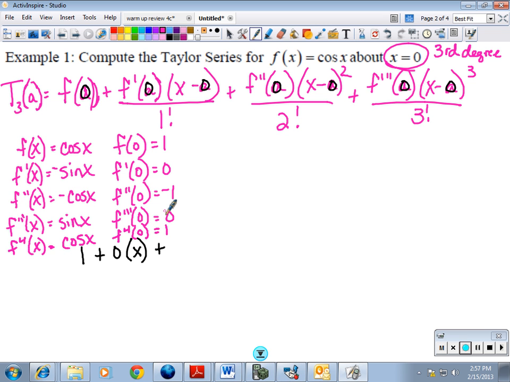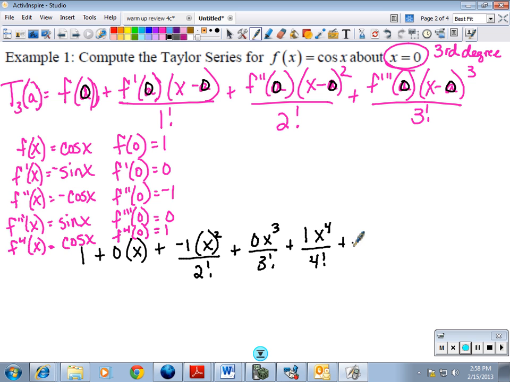Okay, f double prime is negative 1 times x minus 0 squared over 2 factorial, plus f triple prime is 0 times x cubed over 3 factorial, plus the next one would be f fourth, 1 times x to the 4th over 4 factorial, plus dot dot dot.